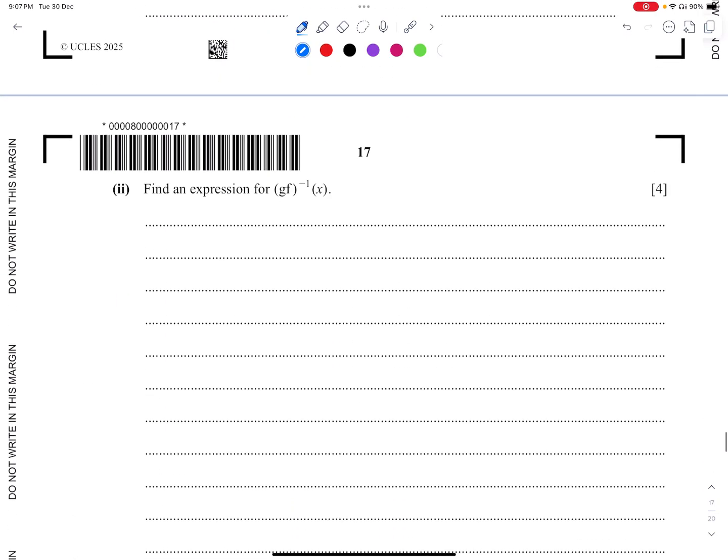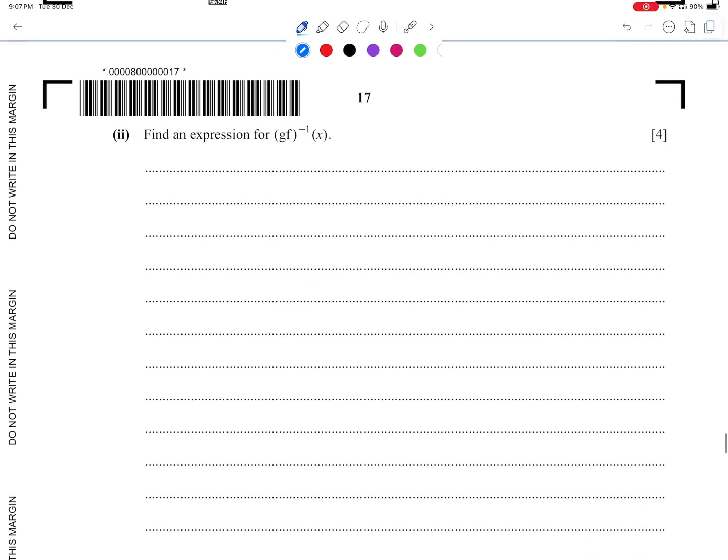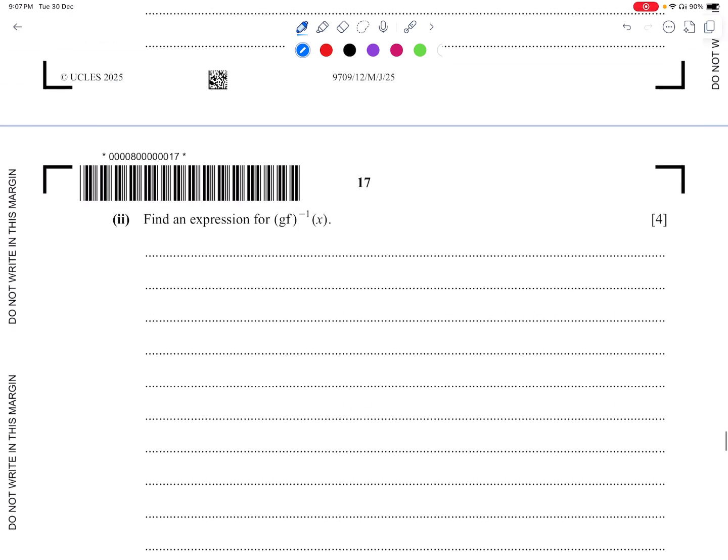All right, the next question says find an expression for g of f inverse of x. So first of all, you need to understand that this is an inverse, but it is an inverse of a composite function. A composite function is basically a function within a function, and you can see that over here f is input inside g. So first of all, I'm going to find an expression for g of f of x.